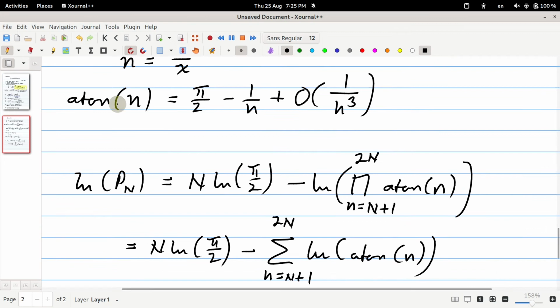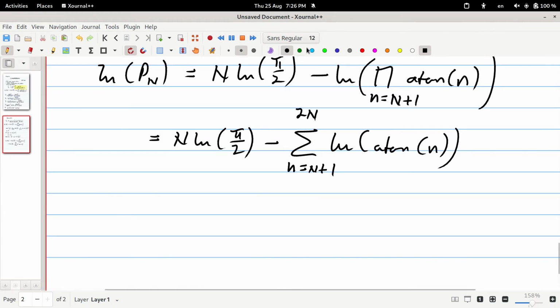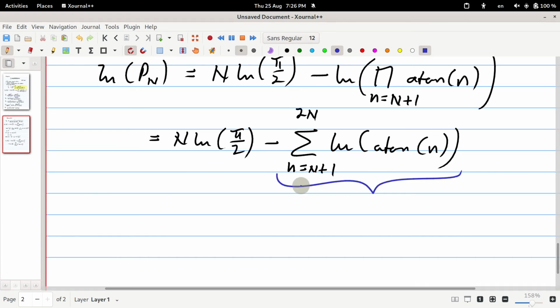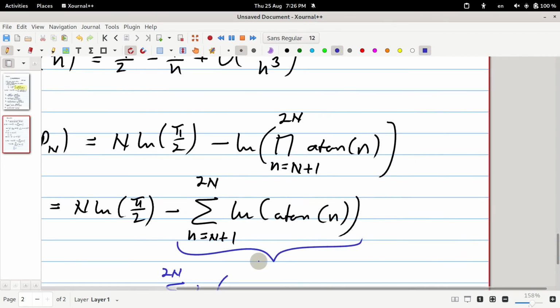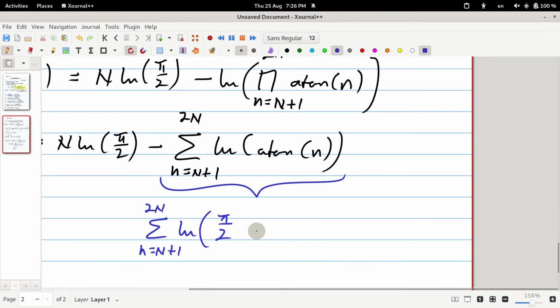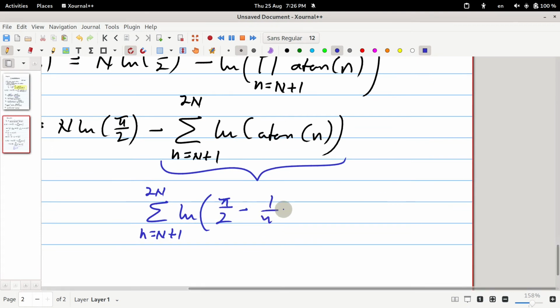We'll plug this new Maclaurin expansion for arctan into this blue expression here. So this would be the sum from n plus 1 to 2n of natural log of pi over 2 minus 1 over n plus O of 1 over n cubed.